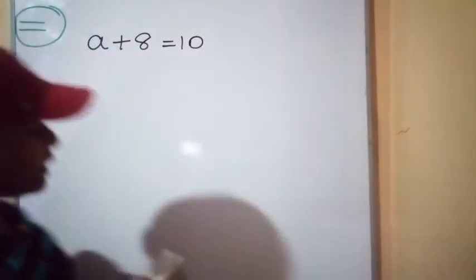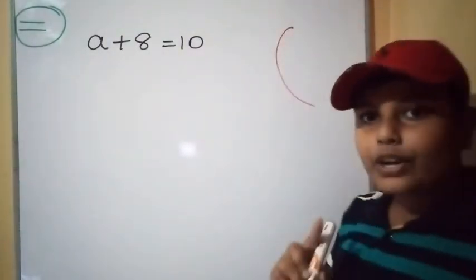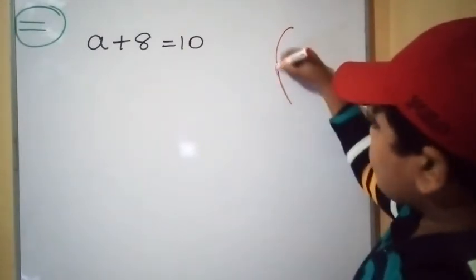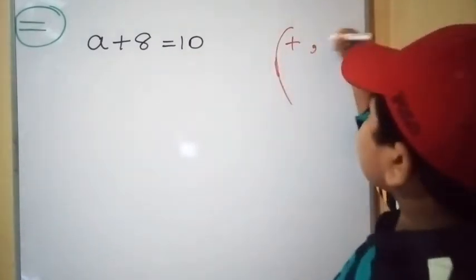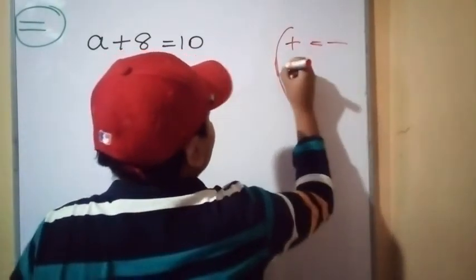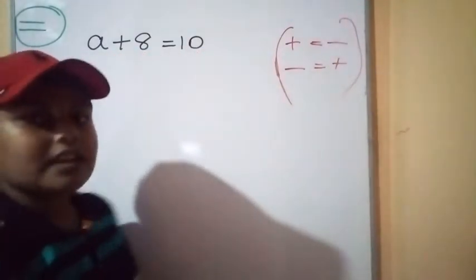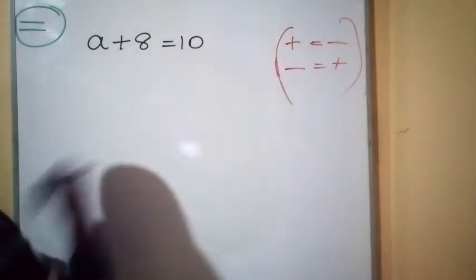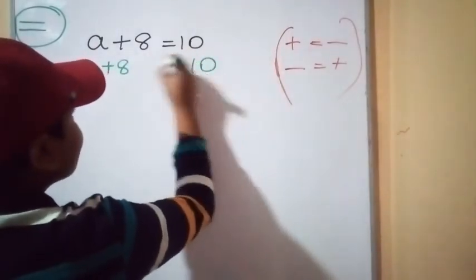Now I give a simple exam trick for you, grade 7 guys. What is the exam trick? Where the equation has a plus, subtract from both sides. Where it has a subtract, add to both sides. In this situation you have a plus 8, so both sides are subtracted by 8.